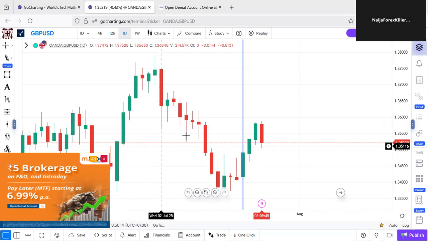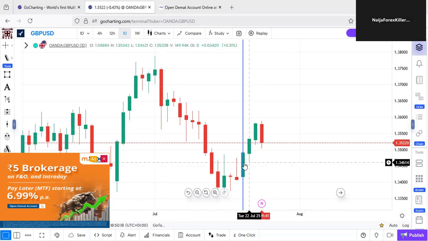Let me use this one as an example. You see this place? This is the lowest the candle went to. This is the lowest place the candlestick dropped, and this is the highest. And inside the highest, that's the place that it also closed.